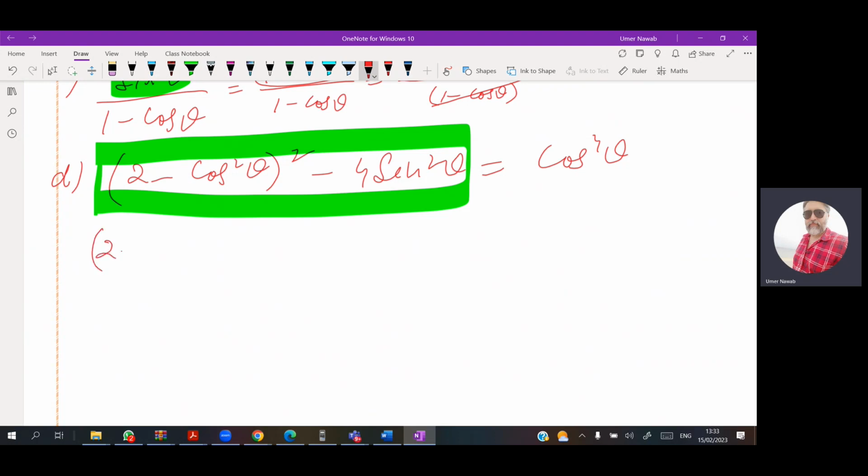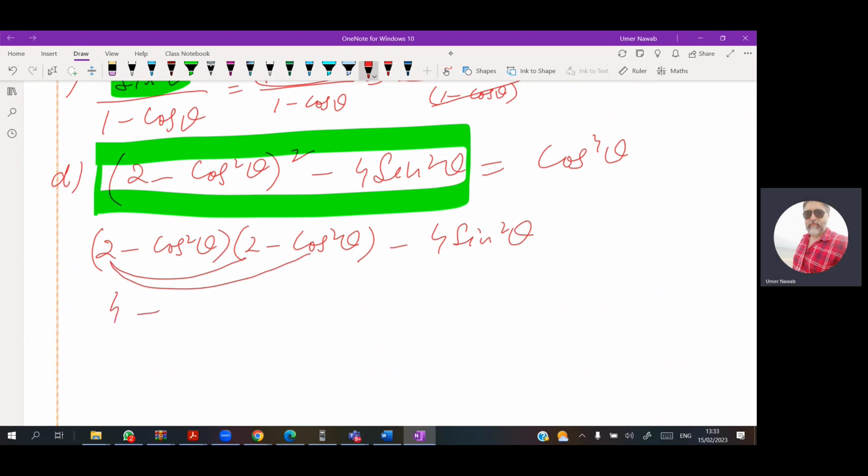I'm going to write this bracket twice: 2 minus cosine squared theta and 2 minus cosine squared theta, minus 4 sine squared theta. 2 times 2 is 4. Now this is 2 cosine squared theta, and this is minus 2 cosine squared theta. Minus cosine squared and minus cosine squared is plus cosine 4 theta, minus 4 sine squared theta.